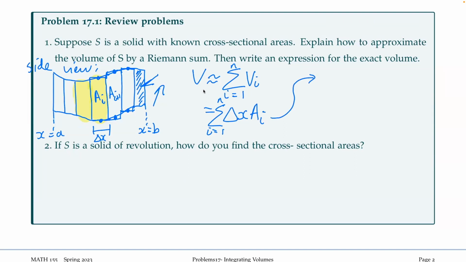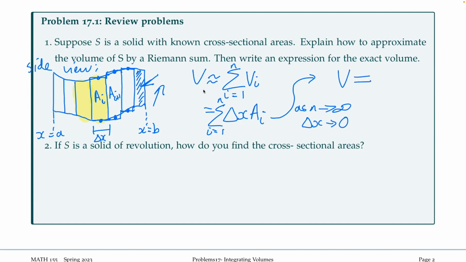Okay, what happens if n gets really, really large? In other words, we're having more and more slices. So we're going to be breaking this down into smaller and smaller slices of bread, if you like. And so delta x is going to tend towards 0, and it turns into this dx, so we get our integral.